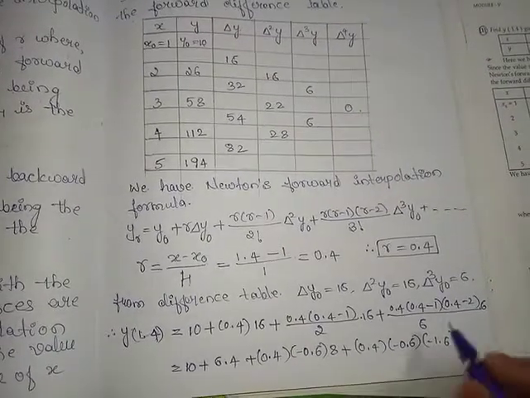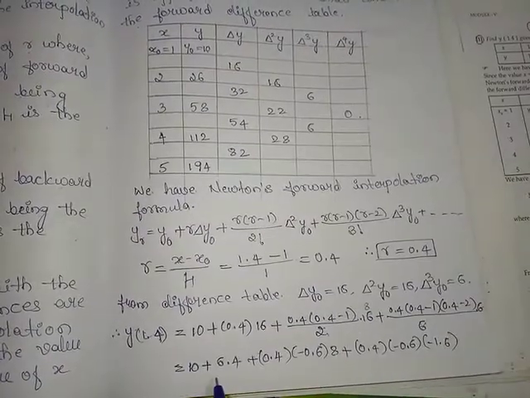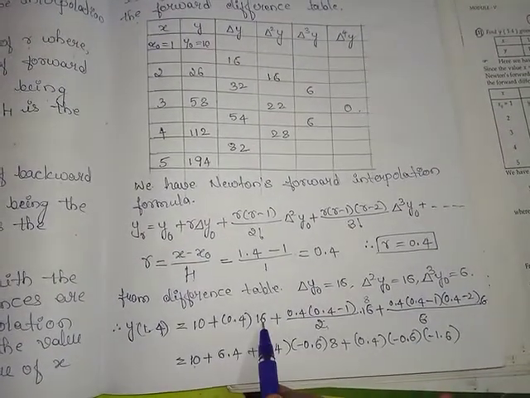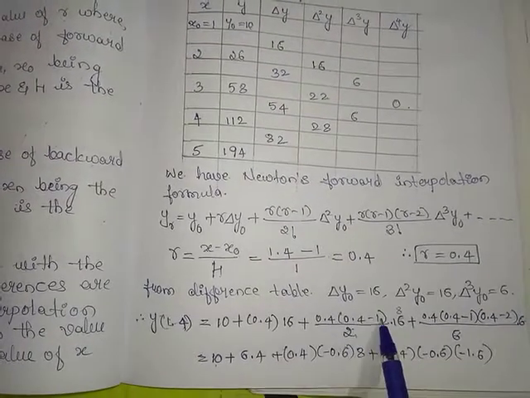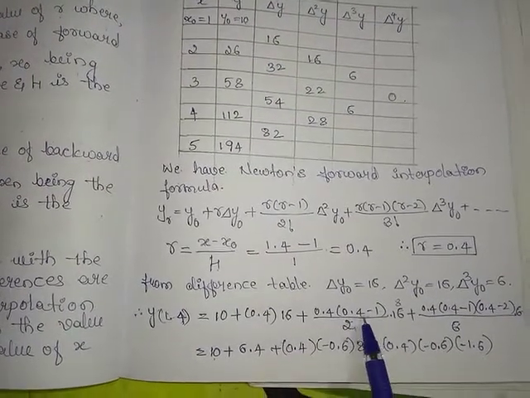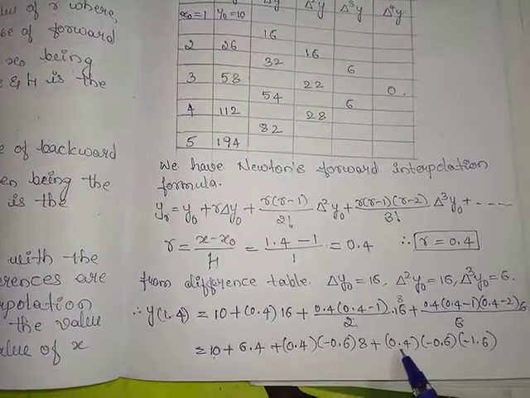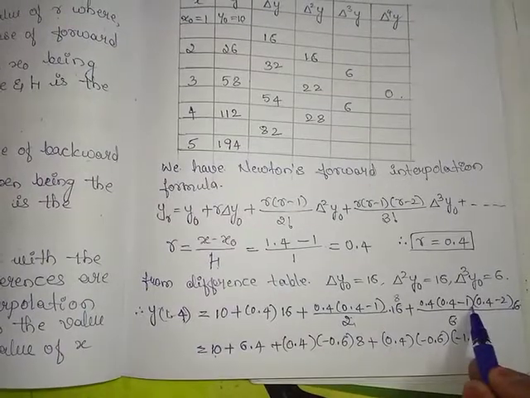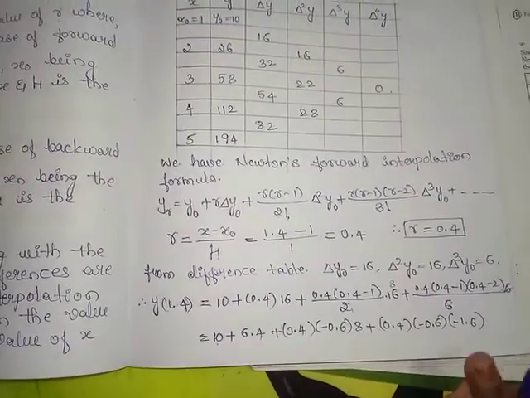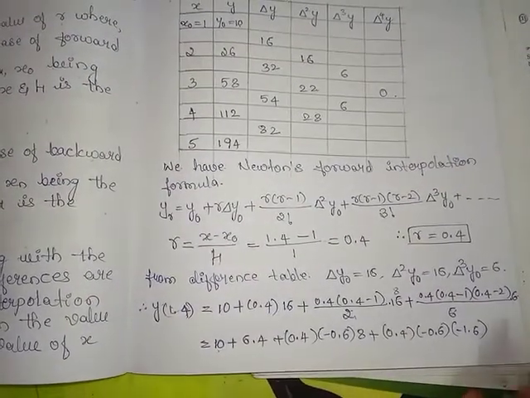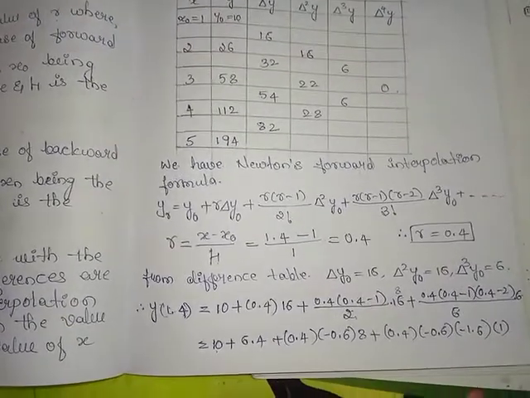Here 6 gets cancelled; 2 ones are 2, and 2 eights are 8. Then 0.4 minus 1 is minus 0.6, and 0.4 minus 2 is minus 1.6. Here 6 gets cancelled, into 1. If you want, write here into 1.